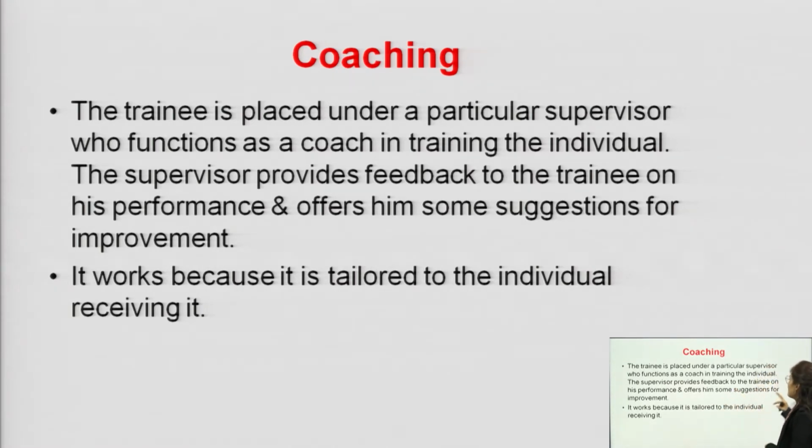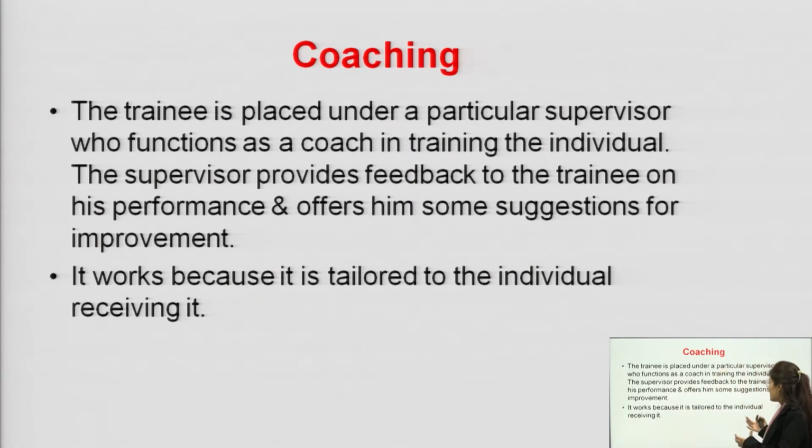The supervisor provides feedback on his performance and offers suggestions for improvement. It works because it is tailored to the individual receiving it.